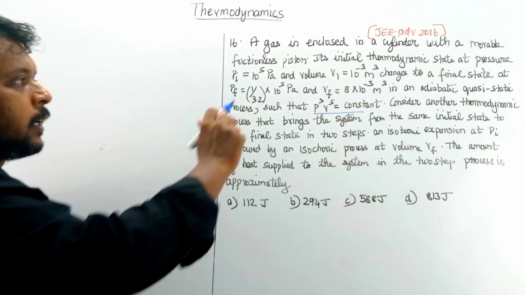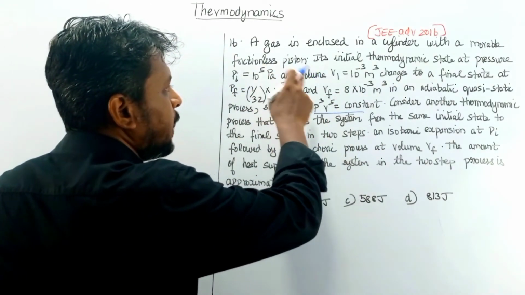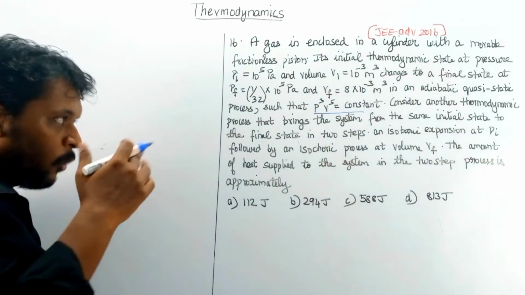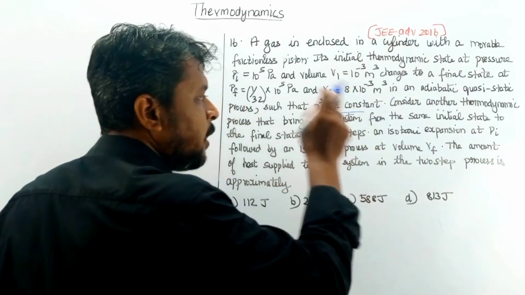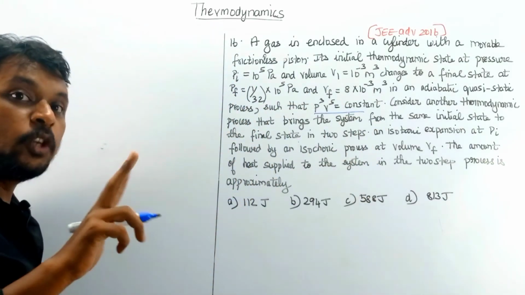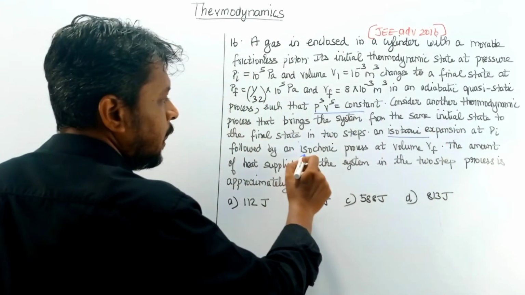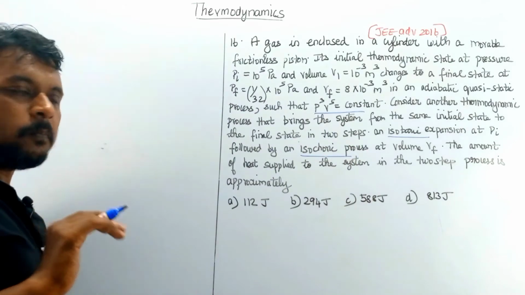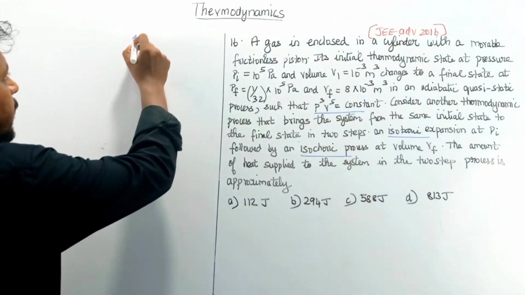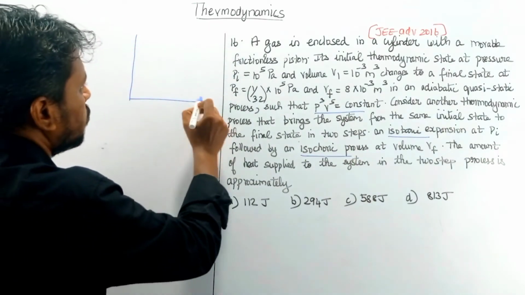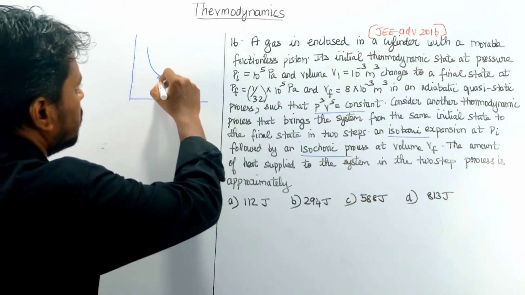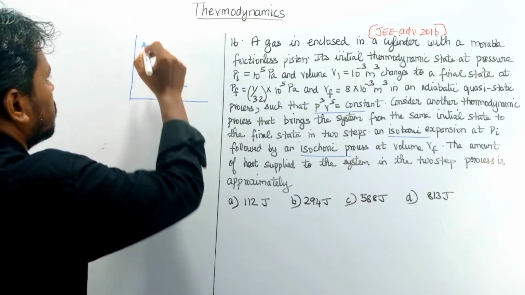Previously, initial and final states were reached through an adiabatic process, but now they are saying that the same initial and final states are reached by a two-step process: one is an isobaric expansion and another is an isochoric process. This is the diagram which represents this.